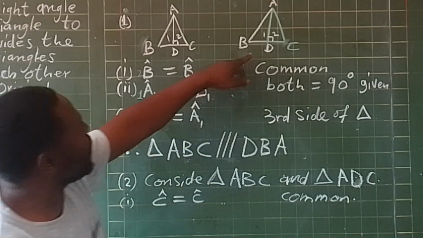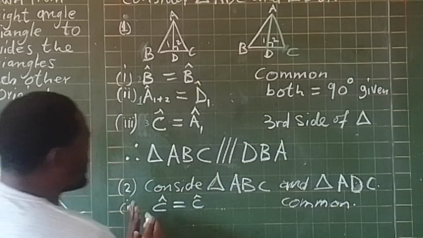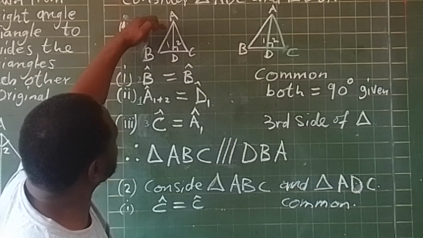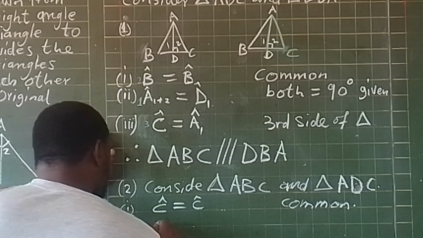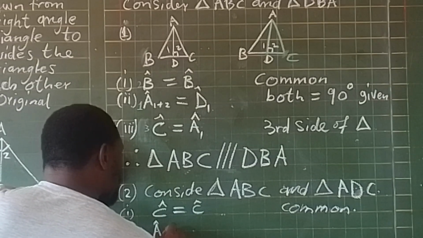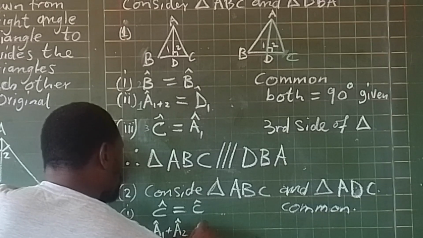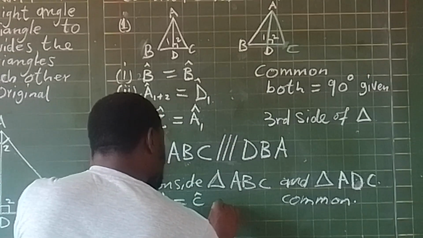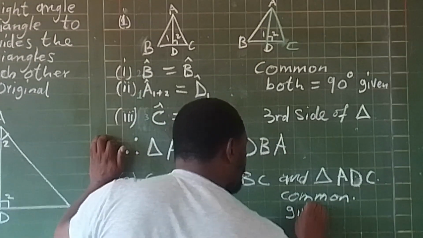Right. The second one, go for the 90 degrees. You see, this is triangle ABC. For ABC, which one is 90 degrees? A1 and A2 is given as 90 degrees. A1 and A2 is equal to D2. Reason: given.